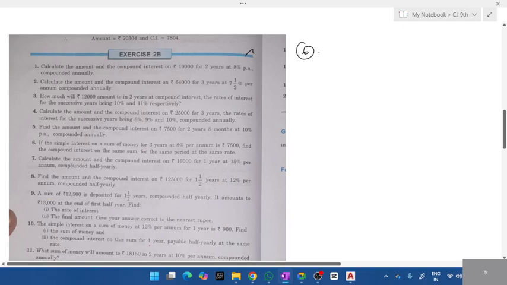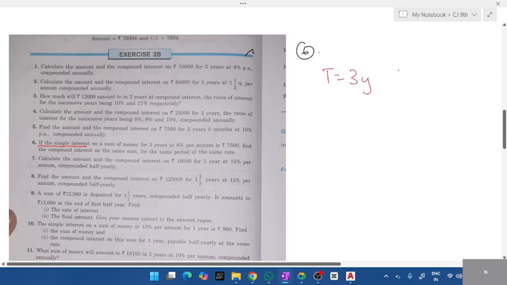What did you understand by this? No, they didn't tell us to find. Just read the first sentence. What is given here, Ananya? Read properly. If the simple interest on a sum of money for... So what is given? Time is 3 years.